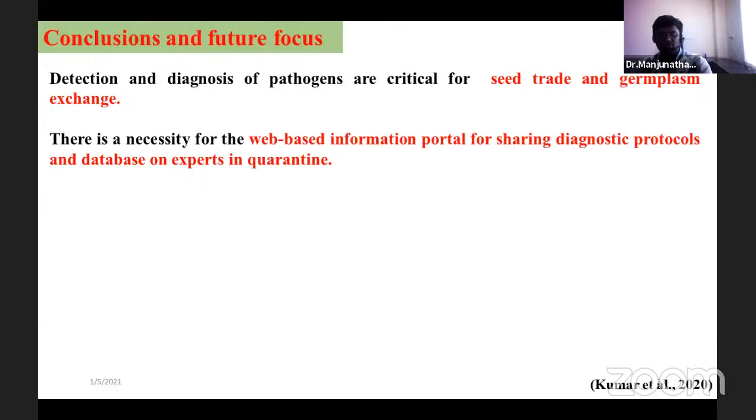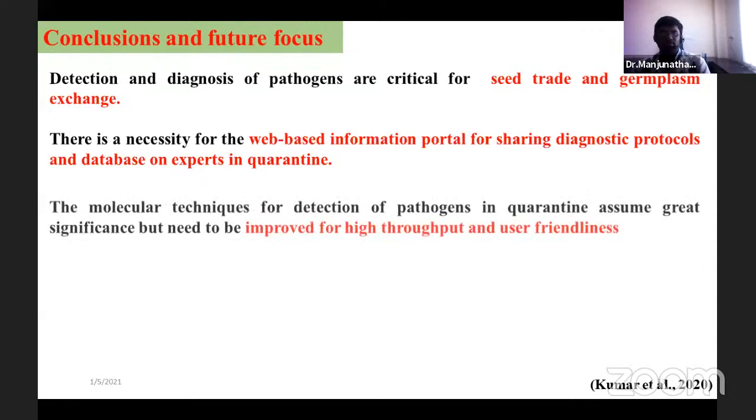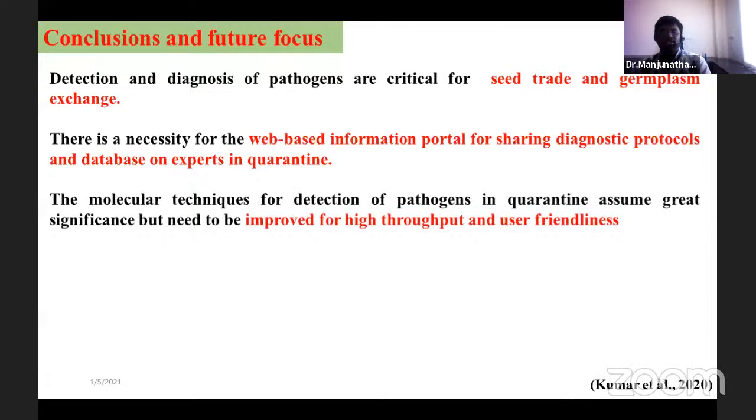Different countries develop different protocols, so there should be a common web-based platform for sharing these diagnostic protocols, a database that experts use for quarantine purposes. Molecular techniques for detection of pathogens in quarantine assume great significance, given their reproducibility and repeatability, but they need to be improved for high throughput and user friendliness.